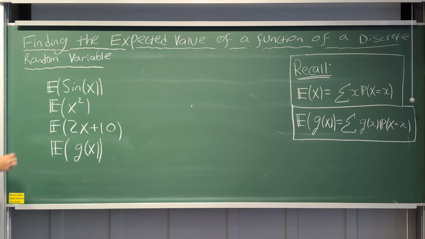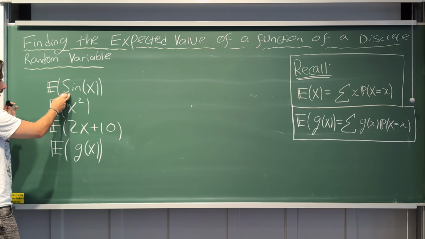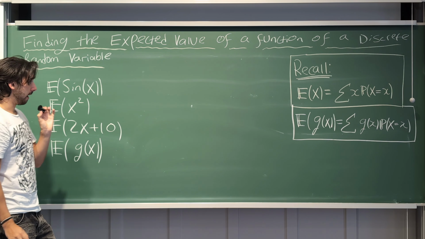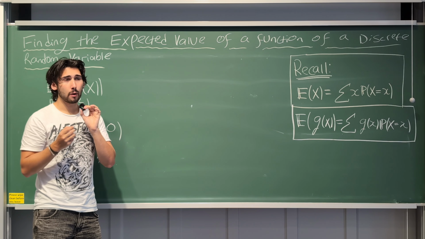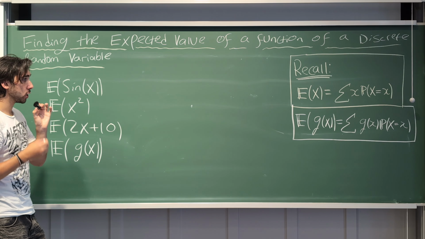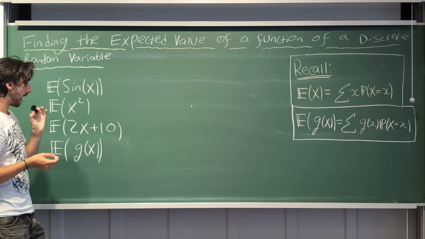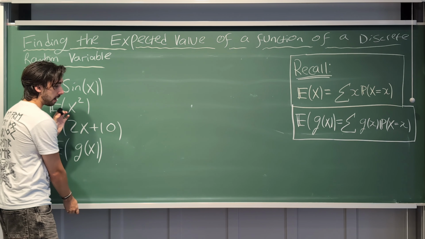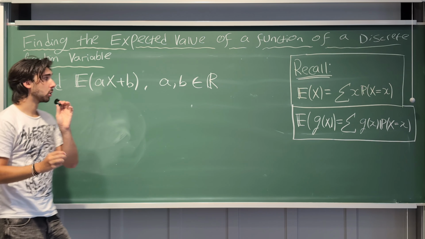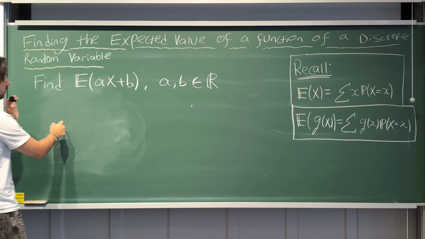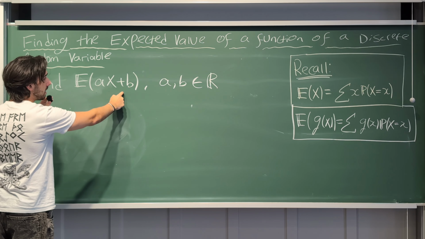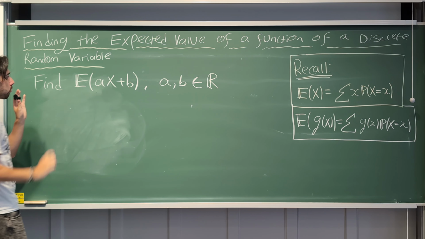Now, before we go into some really wacky cases like sine x, let's look at a very common thing that you can deploy and that's very useful. We're looking at finding the expected value of ax plus b, where a and b are just any real numbers.